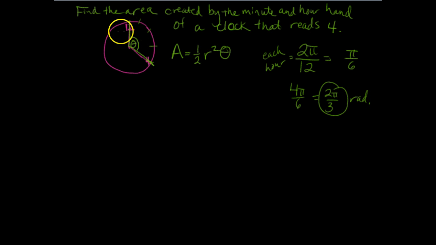And I didn't tell you what the length of the minute hand reads. We'll just say it reads 5 inches. Now I can say that the area of the sector is 1/2 times 5 squared times 2 pi over 3 radians.